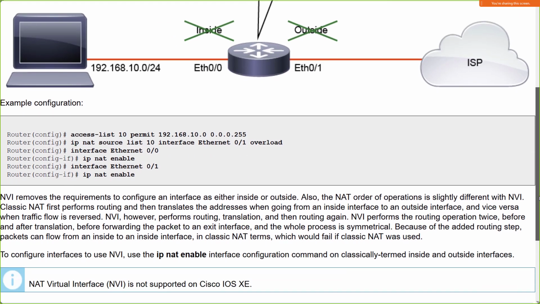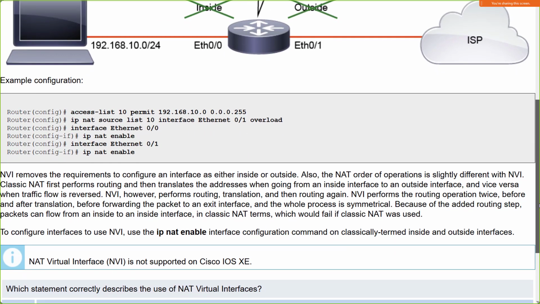All right, so here's an example of an NVI configuration. The access list is here just to simply classify who gets NATed. All right, so we're saying access list 10, anybody that has an address of 192.168.10.0 with a mask of 0.0.0.255 is going to get NATed. So we're matching the first 3 octets.